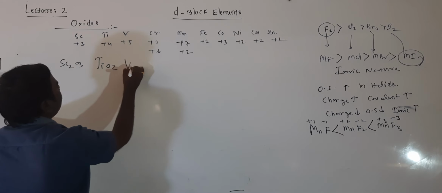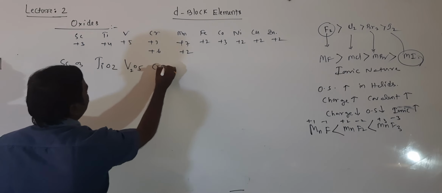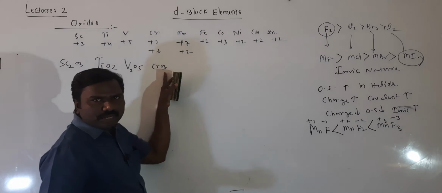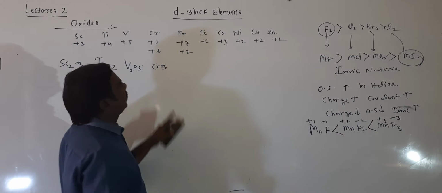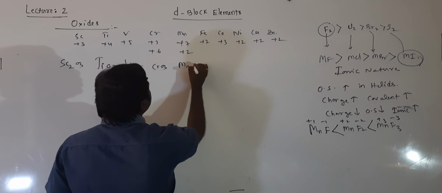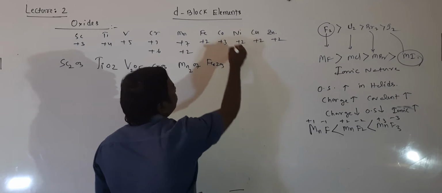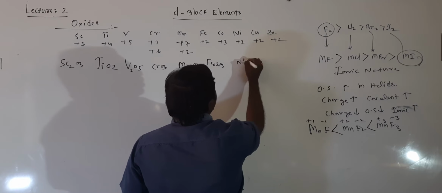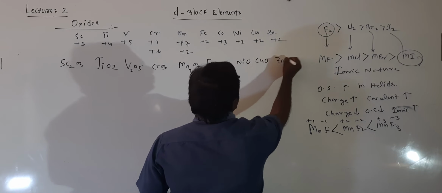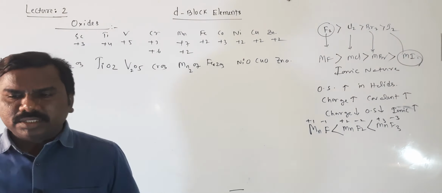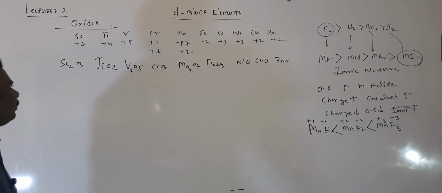TiO2, V2O5, CrO3: 3 into minus 2, minus 6, must be equal to 0, means plus 6. Mn2O7, FeO or Fe2O3, CoO or NiO, CuO, ZnO. Right, students? These are the oxides.